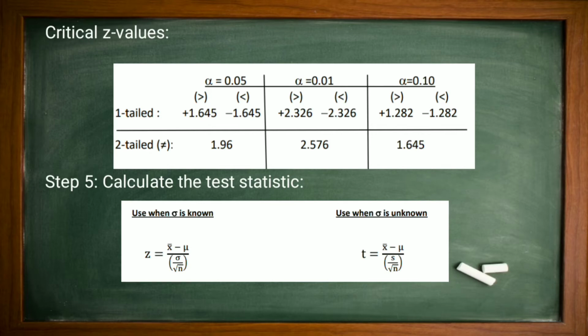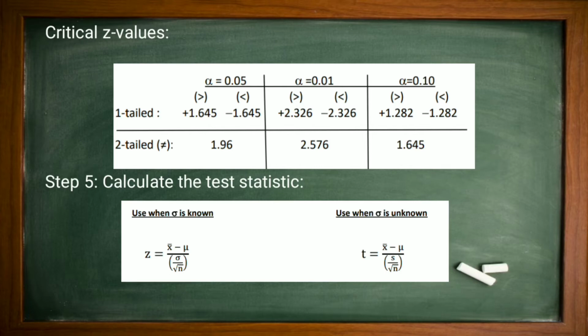Okay, next, proceed to step 5. So, calculate the test statistic. So, dito po, meron tayong dalawang formula na pwedeng gamitin. So, una, use when the standard deviation is known. So, ito po yung nabanggit ko din kanina.